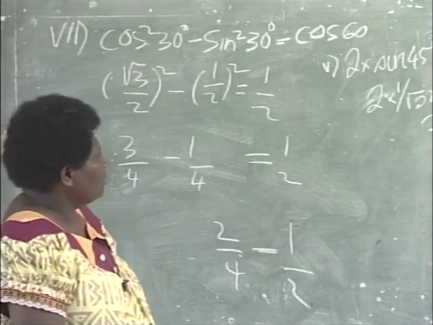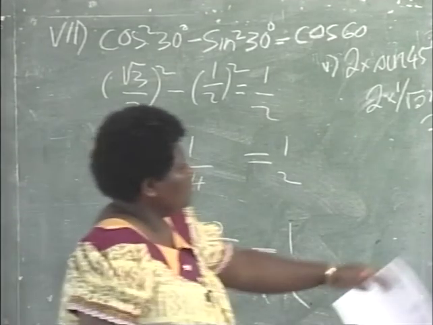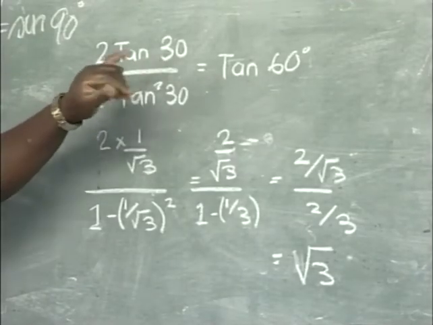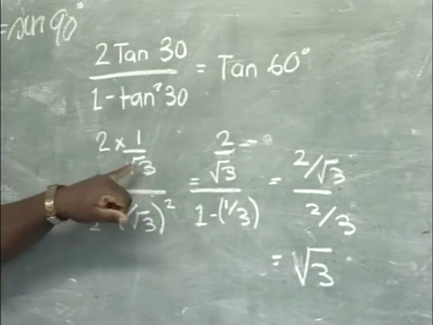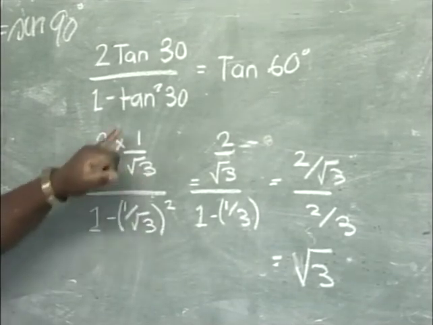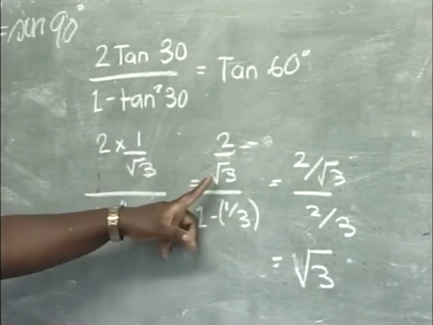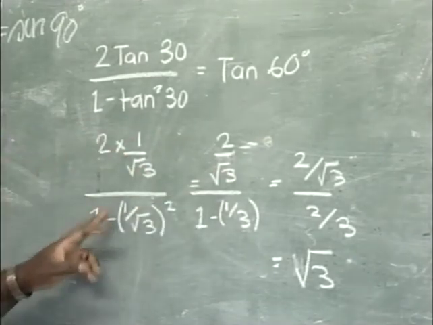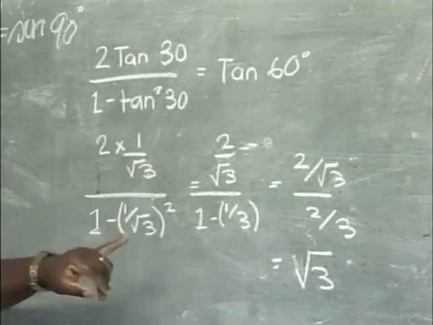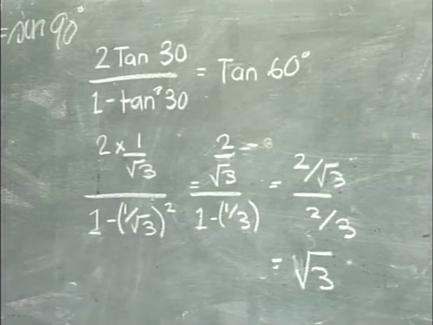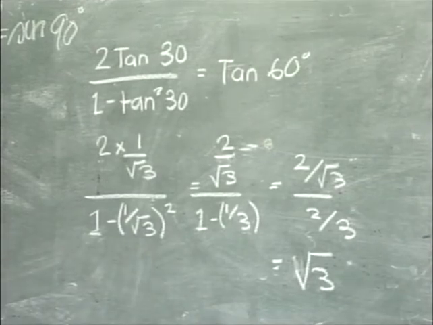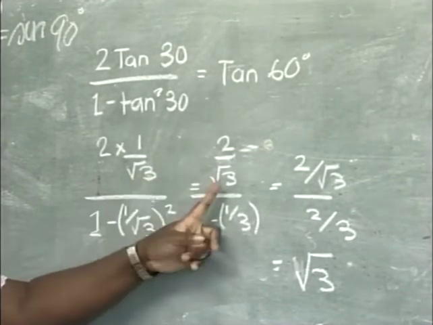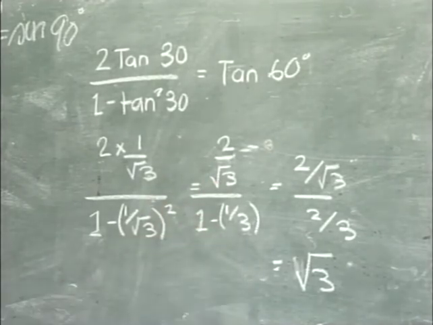Number 6, which one? This one. Tan of 30 is 1 over root 3. So we have 2 on root 3, which is this one. Okay, 1 minus tangent of 30 squared is 1 over root 3 squared, and 1 over root 3 squared is 1 on 3. So 2 on root 3 over 1 minus 1/3 is 2/3.